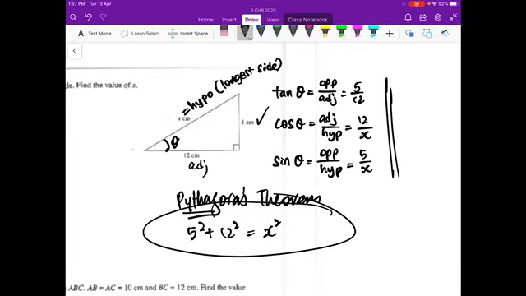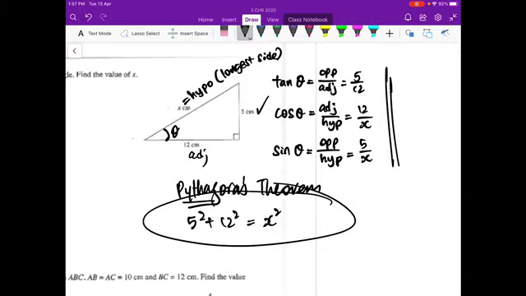Okay, so Pythagoras theorem or trigo? How to use trigo? Which trigo do you want to use? Opposite over adjacent. How to use this to find x? It's not straightforward.